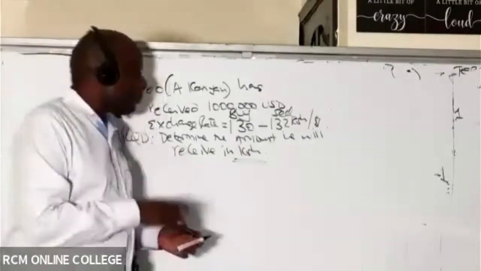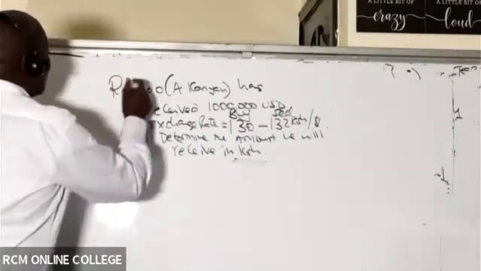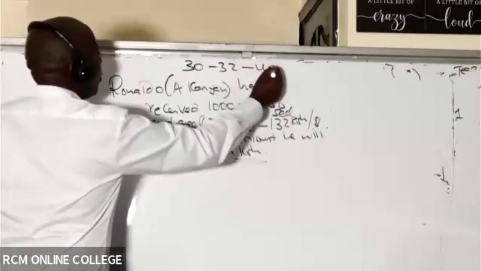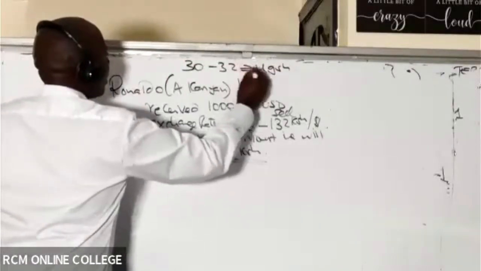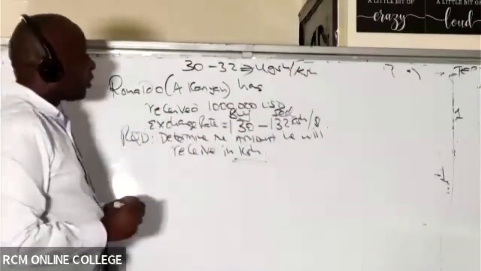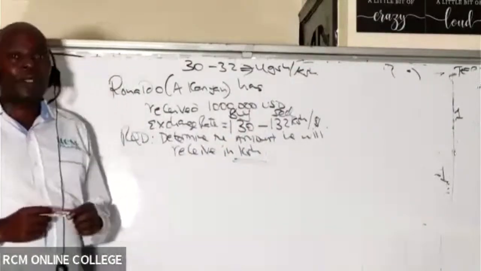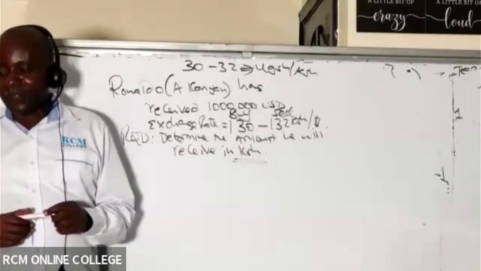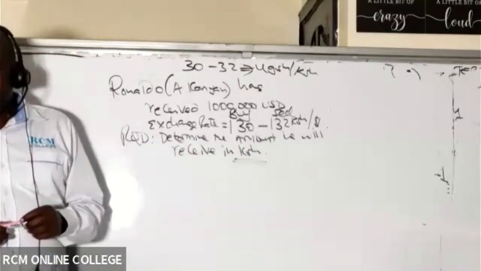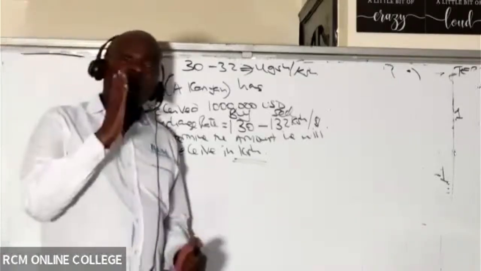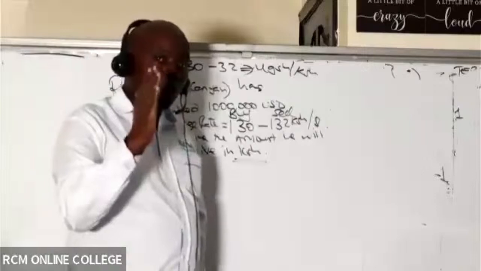If, for example, I go and get somebody writing something like this, 30 to 32 Uganda shillings per Kenya shilling, which rate from the Kenyan context do you think will be the buying rate? 30 or 32? 32, because you always work with the position of your home currency.